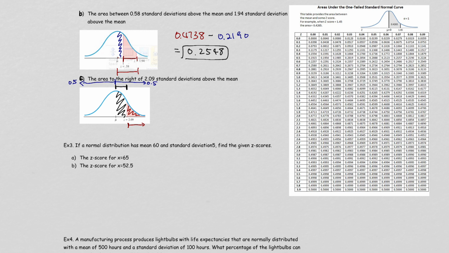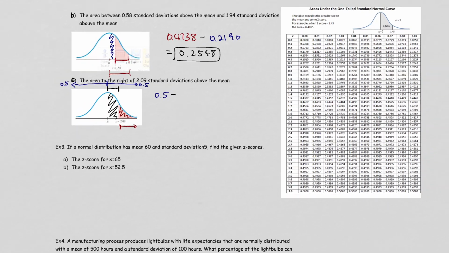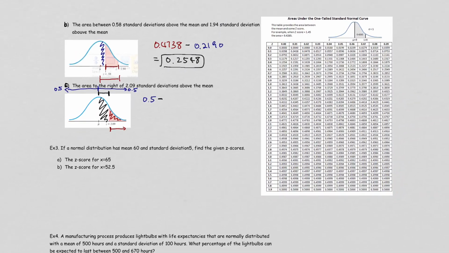So we're doing 0.5, which is the half, minus the black area. The black area is the z-score 2.09. So let me move this a little bit. 2.09 is all the way in. It will be 0.4817.